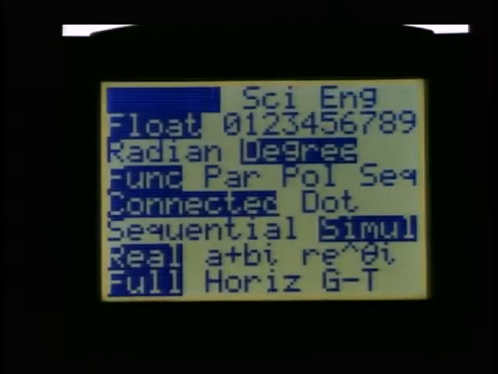I can make sure my calculator's in degree measure, which it is. So we're in degree mode. And then on the home screen here, I'm going to look at the very first problem we did, which was the sine of 80 degrees, and I'm multiplying that times parentheses 1 divided by the sine of 80 degrees.